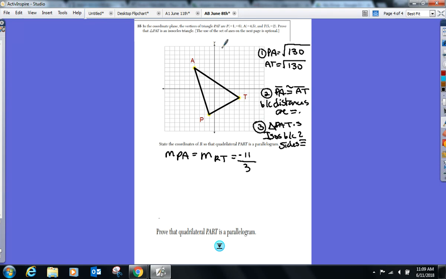Okay, so now starting from T, because remember, RT's got to have a slope of negative 11 over 3. So going from T, Will said go to the left 3, up 11, or up 11 to the left 3, in any order.